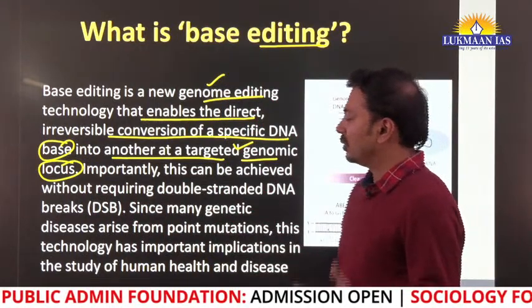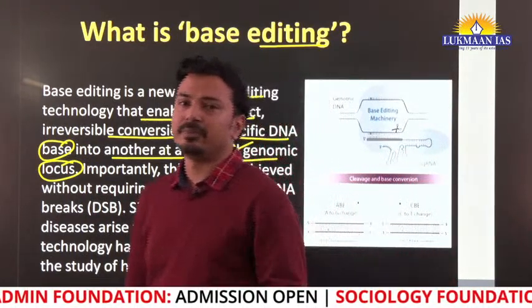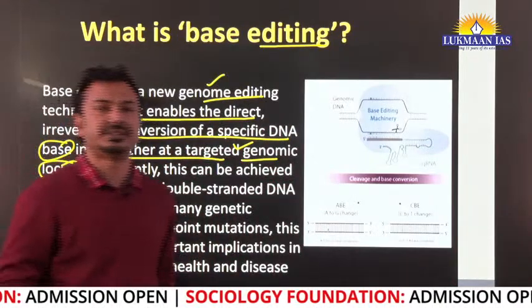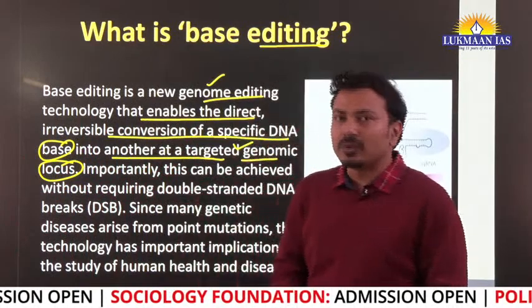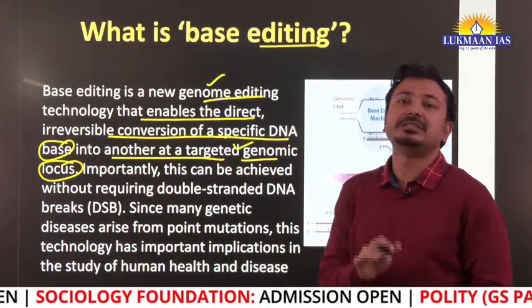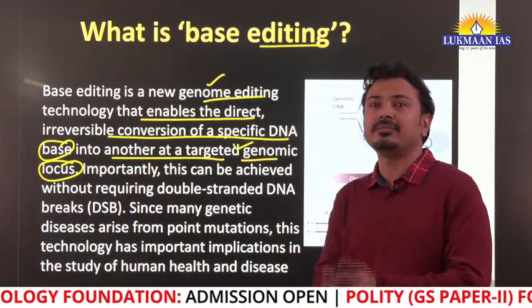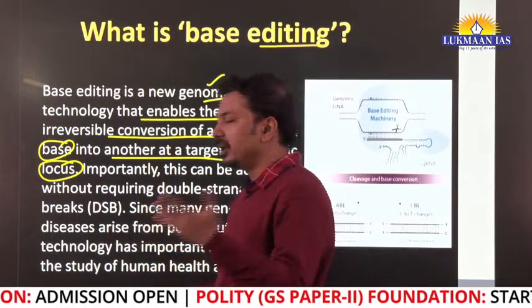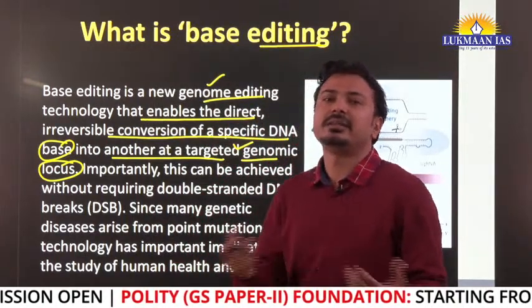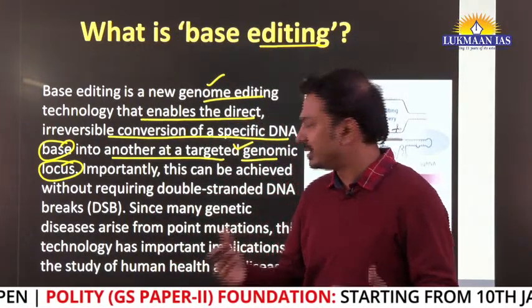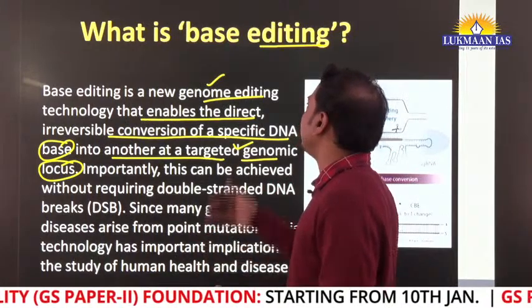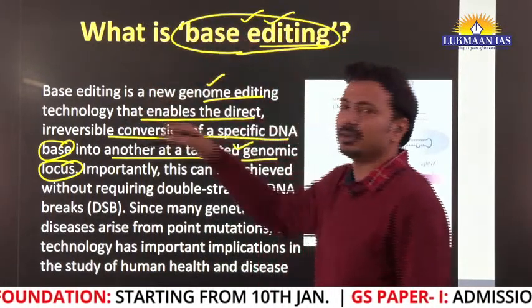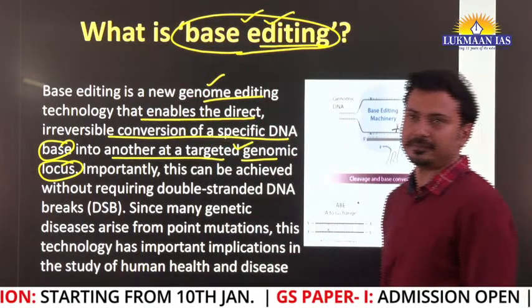We have understood that there are 4 bases, and the combination of 4 bases results in genetic information, or a gene. If that information is misarranged at a particular location in our body, it may result in lack of secretion of particular proteins, or some kind of disorder or disease. To treat that, such base editing can be done, and this technology is used in this particular case as part of gene therapy.